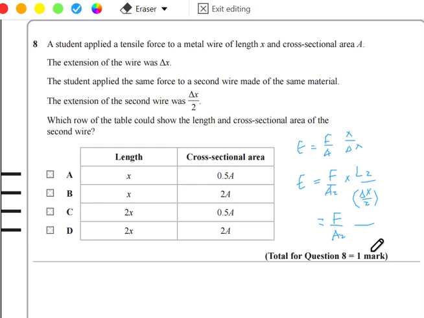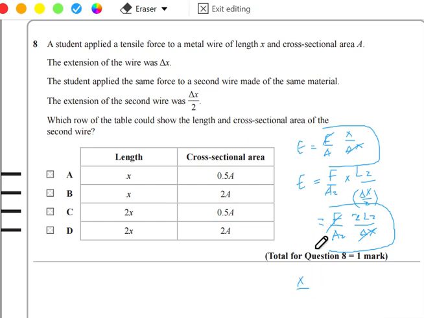So we have here 2 L2 over delta x. If we equate this magnitude to this magnitude, because both of them equal E, we can simply eliminate from the two sides of this equation F and delta x.